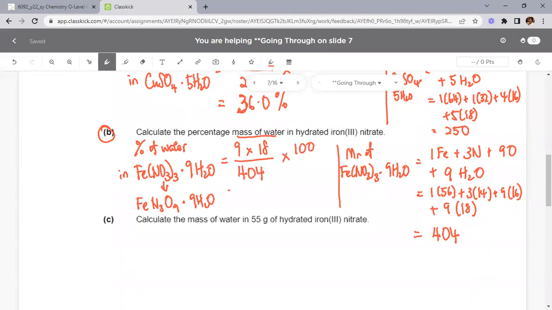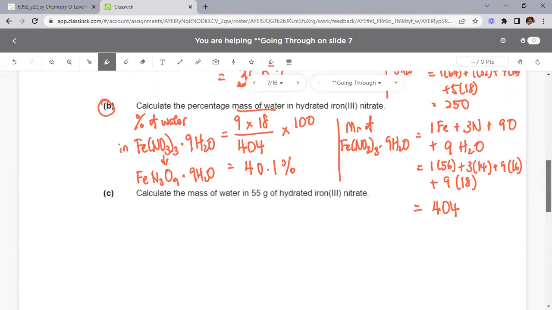Multiply by 100%. So this is 9 times 18 divided by 404 times 100. So your percentage would be 40.1%. Okay, 40.1% over here. Okay, 40.1%.